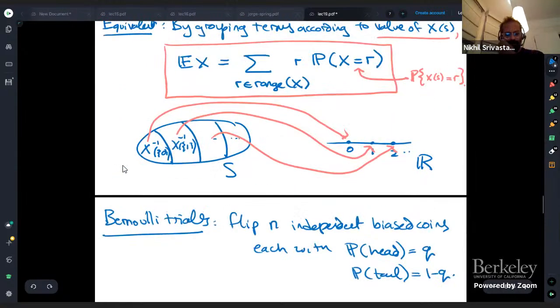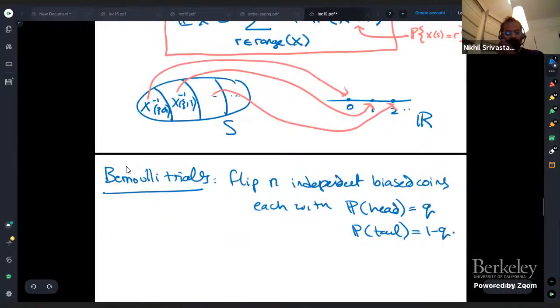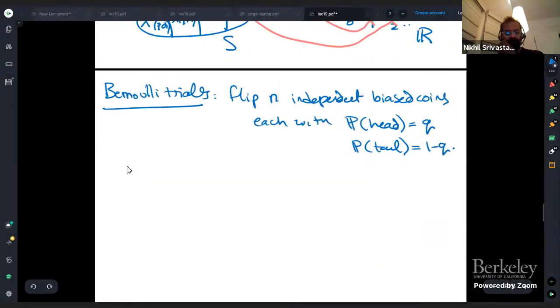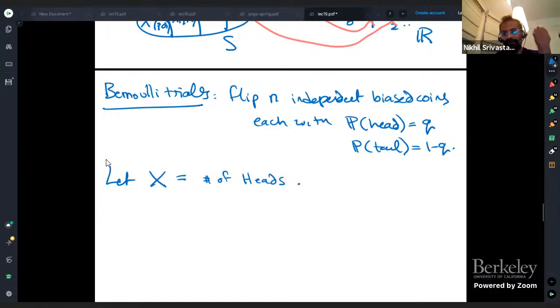And so now, in general, let's calculate the expected number of heads. So let X be the number of heads. This is a real number. It's actually an integer.